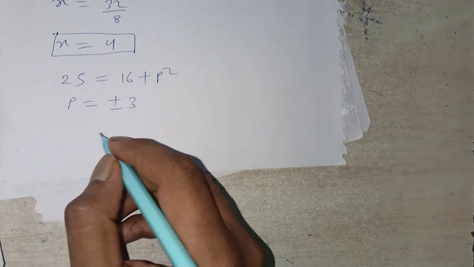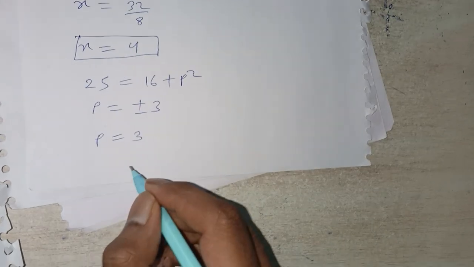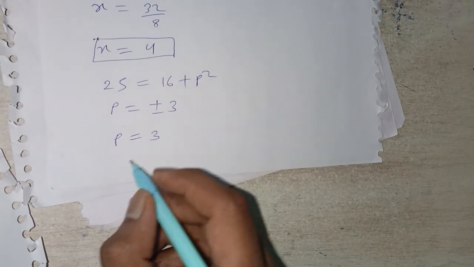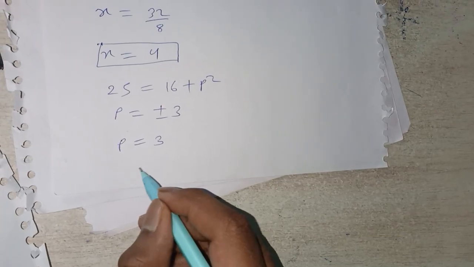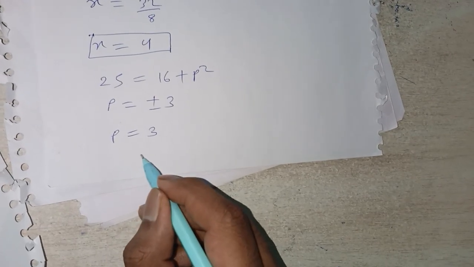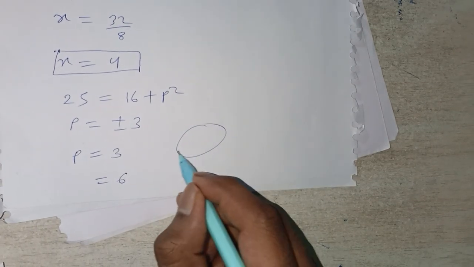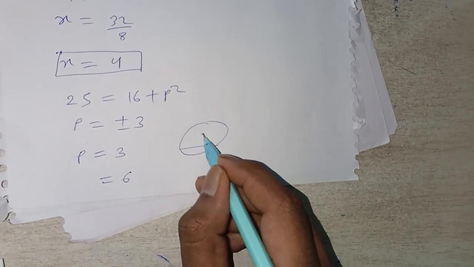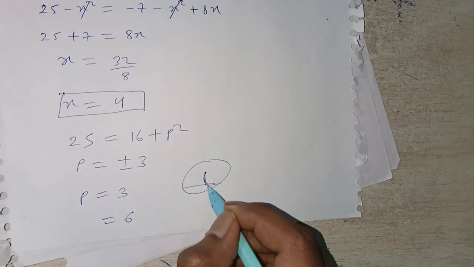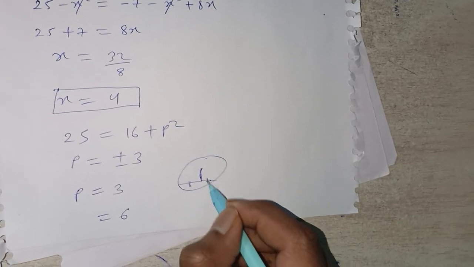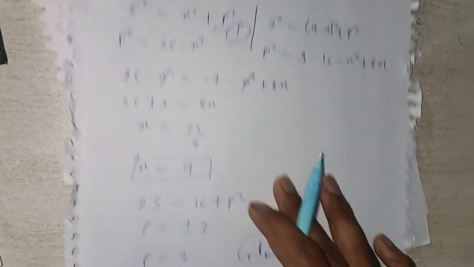The length of a side is never negative, so p is equal to 3. Now we have to do twice of 3 because we know the theorem, and doing twice of 3 it becomes 6. The reason, as you know, is that if I draw a perpendicular from the center of a circle, this perpendicular bisects this chord. Okay, so 6 is the answer.